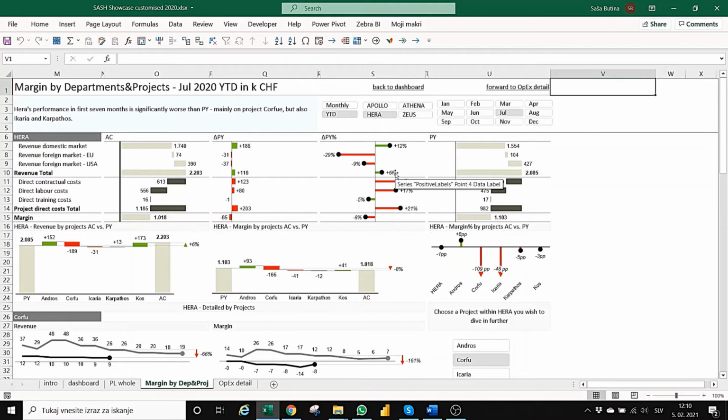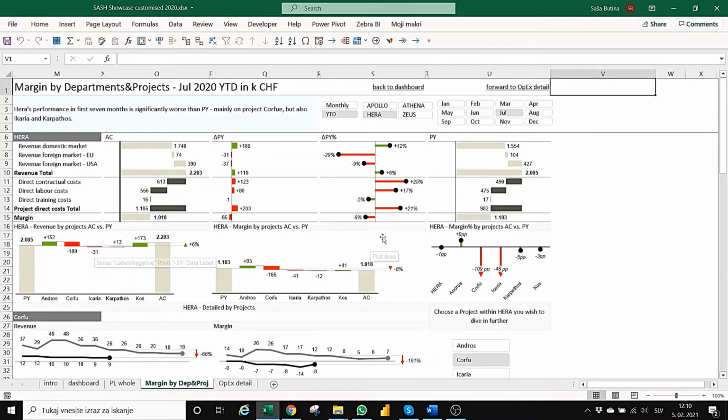Okay, what happened at Hera? We see that revenue grew 6%, 12% in domestic market and a fall in other markets. But on which projects? That we can see here. 6% growth actual versus previous year. But Kos, Andros and Karpathos grew, while Corfu and Ikaria fell.